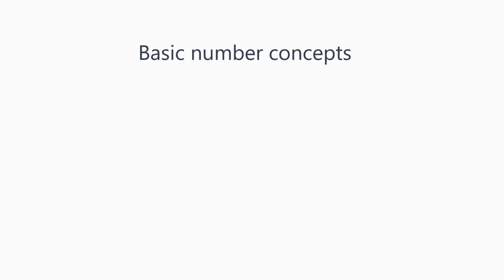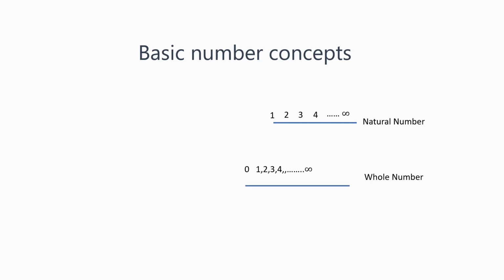Before we dive into equivalent fractions, let's review some basic number concepts. Natural numbers are all positive numbers such as 1, 2, 3, 4, and so on, continuing infinitely. Whole numbers include 0 and all positive numbers, such as 0, 1, 2, 3, 4, and so on, continuing infinitely.